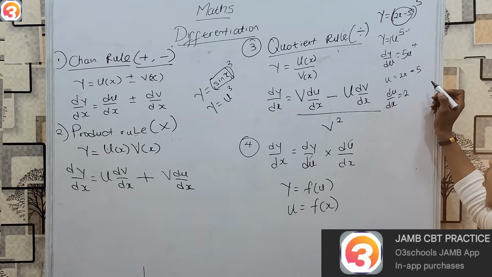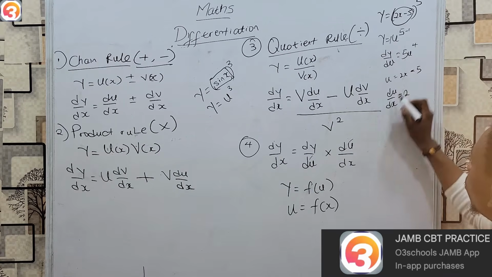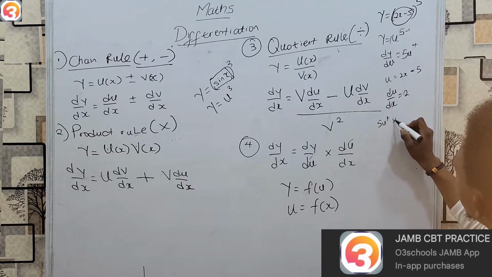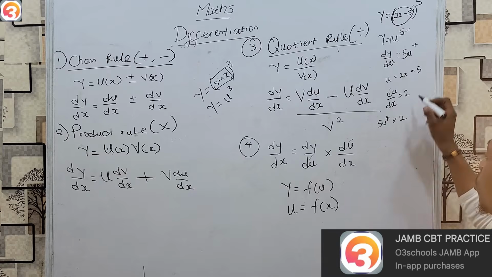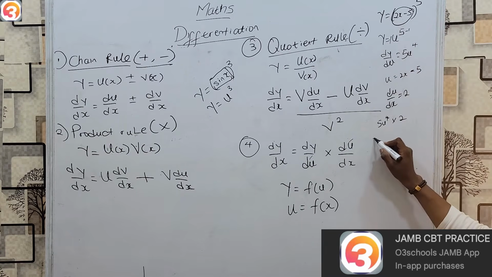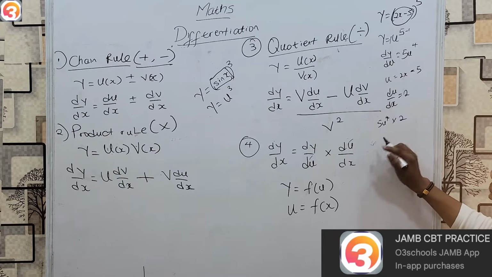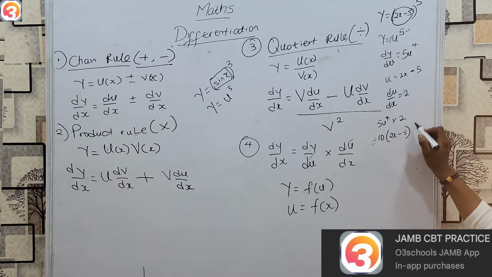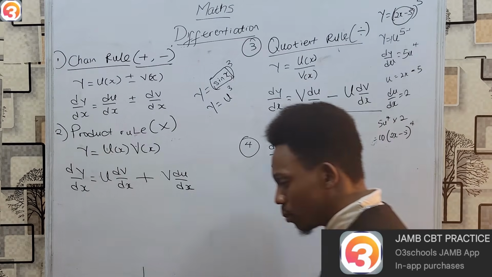So I'm left with 2. And as such, my answer will be dy du, which is 5u raised to power 4, times du dx, which is 2. So I can substitute u back for its original value. That will be 5 times 2 is 10, then 2x minus 5 all raised to power 5 minus 1, which is 4.